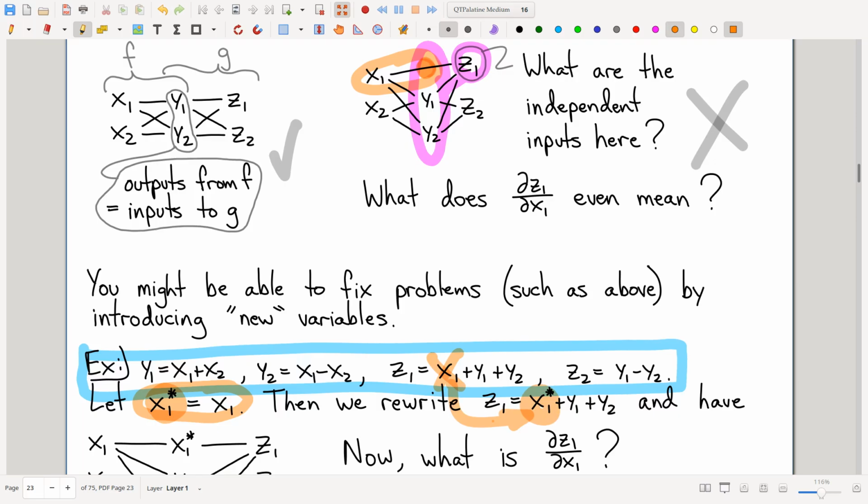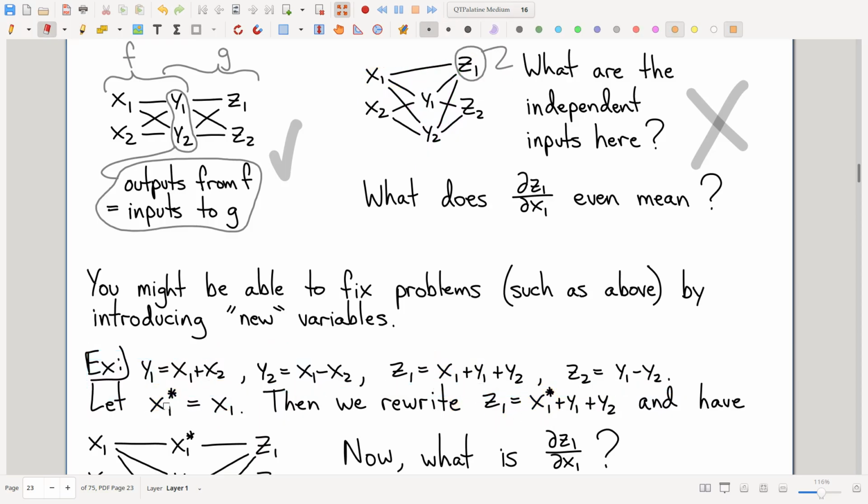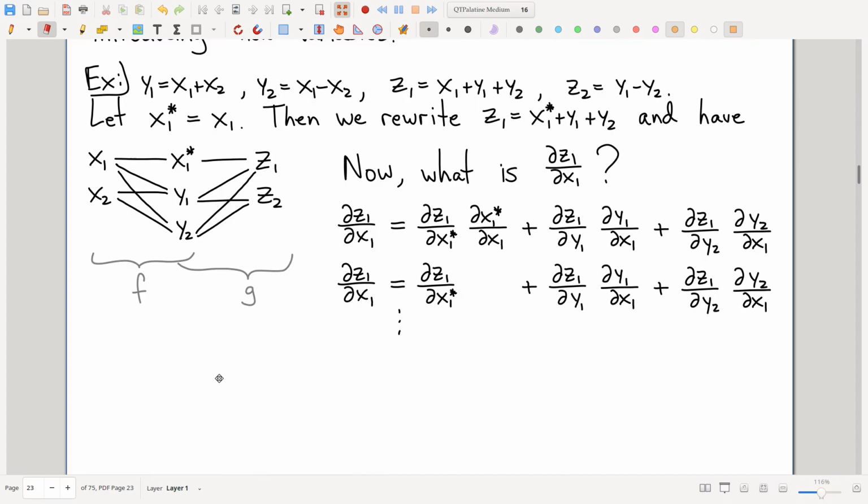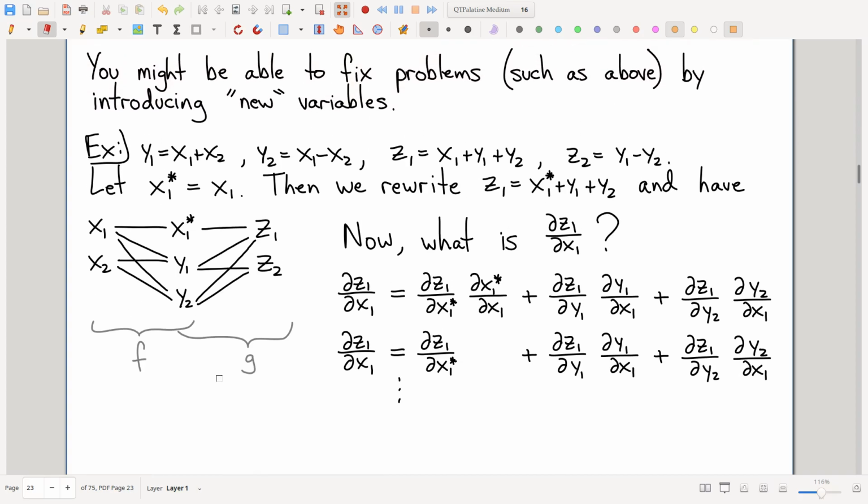Okay. So my diagram, just so we can move down to have it all on one screen here, changes. Here's my new intermediate variable, x1 star. Again, it's just x1. Now notice I do have a composition. There is a first function, let's call it f.